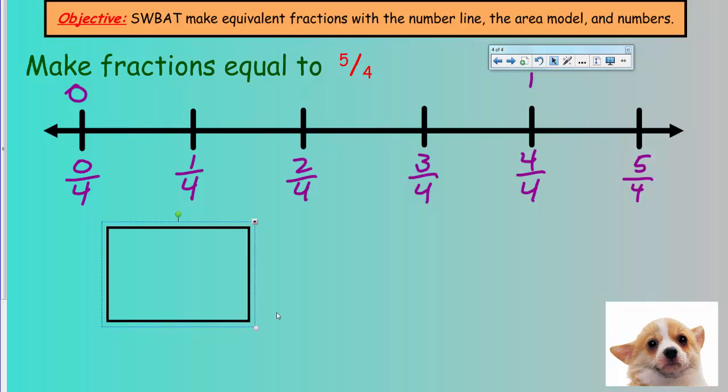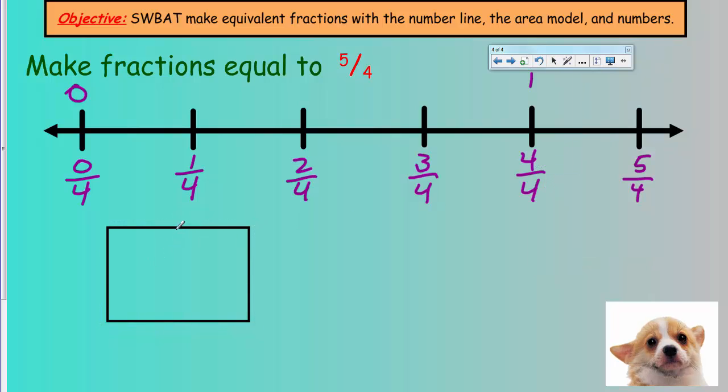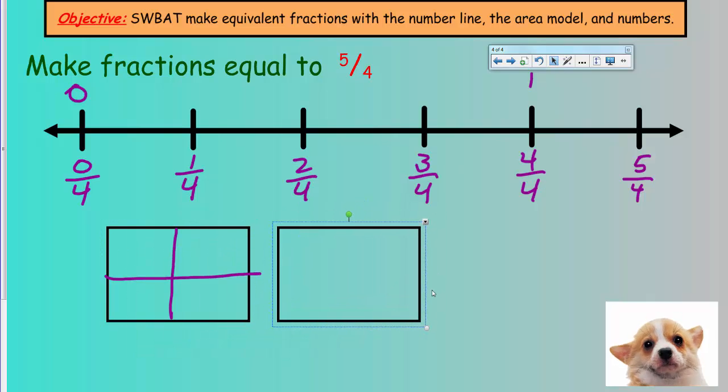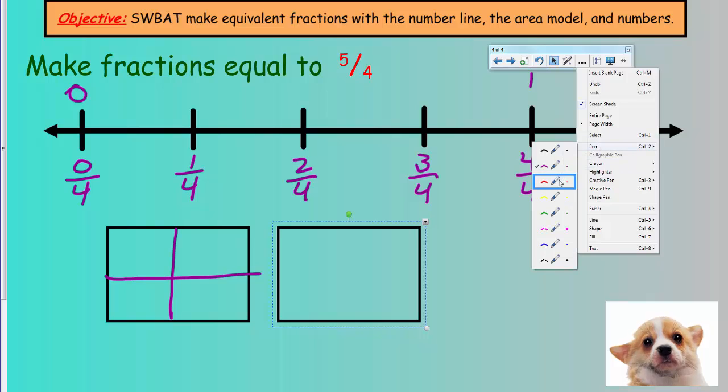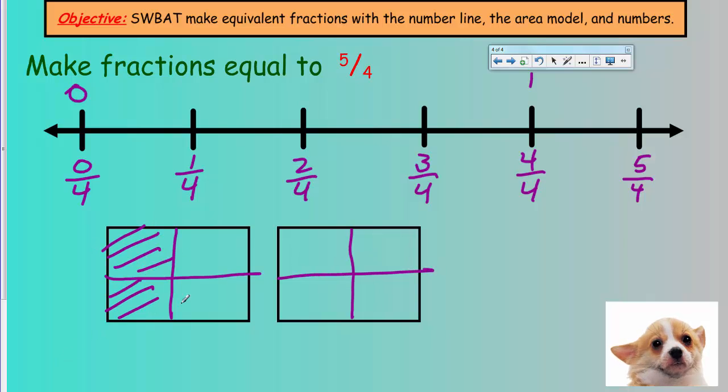Okay, so basically what we'll do here is start off by showing that 5/4, so break this here and like this here. Now we're going to need another one of these because this completes. Here we go. So now we've got this 5/4. Here's our 1.